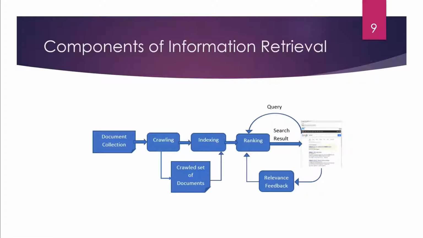Based on the query which the user has fired, it will display a list of documents. Which document should be displayed first, second, third will be decided by the ranking method. Again, there is also relevance feedback, the feedback given by the user to the initial search results displayed, and this in turn will help in the ranking process for the future search results displayed to the user.